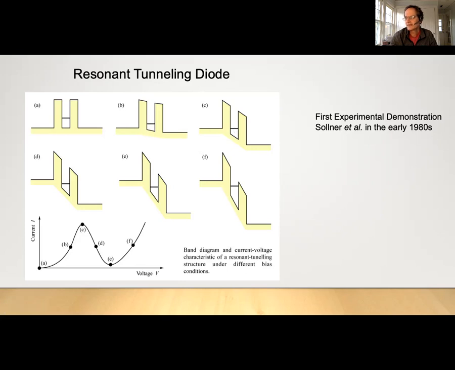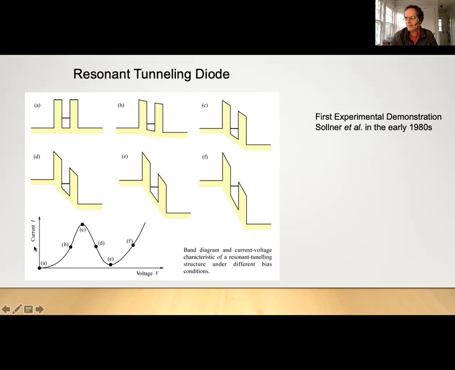Okay, and at this point, the transmission through this structure will be very high, so they can efficiently tunnel into the state, and then they can tunnel out and proceed along their merry way. If the voltage becomes larger, we'll move out of resonance. These two states will no longer align, and then the tunneling will be reduced, okay? Until finally we start to get current just flowing through the device because the voltage difference is so large.